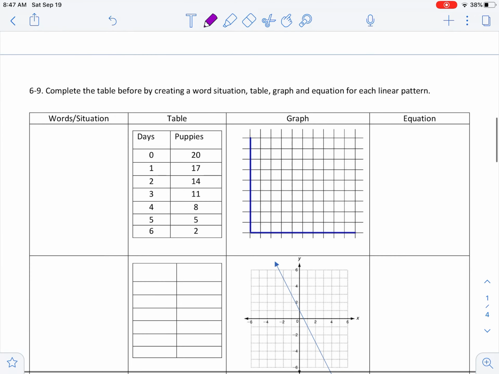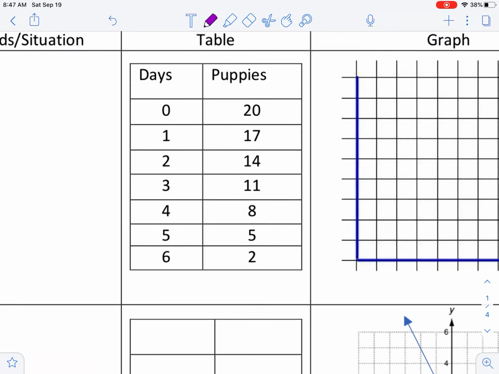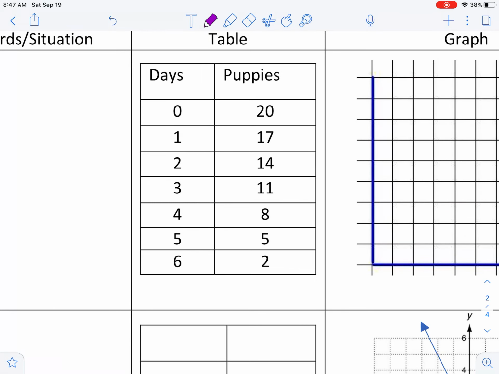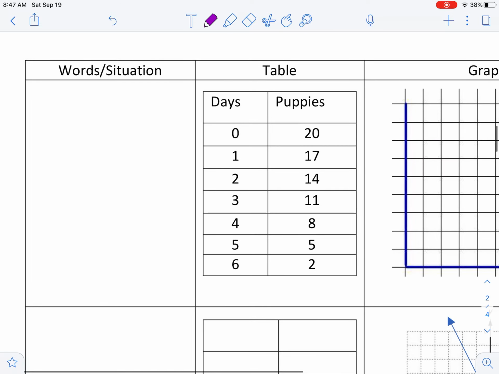All right. So here we are going to fill in the missing pieces, given whatever information we have. Okay, so it looks like we're given a table in this situation. The table is labeled days and puppies. So it looks like we start with 20 puppies.